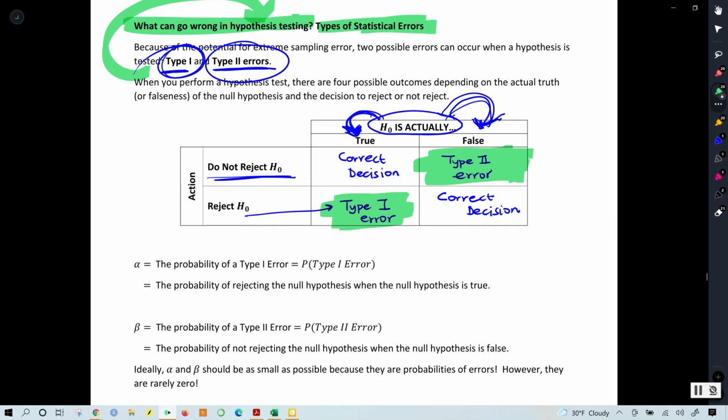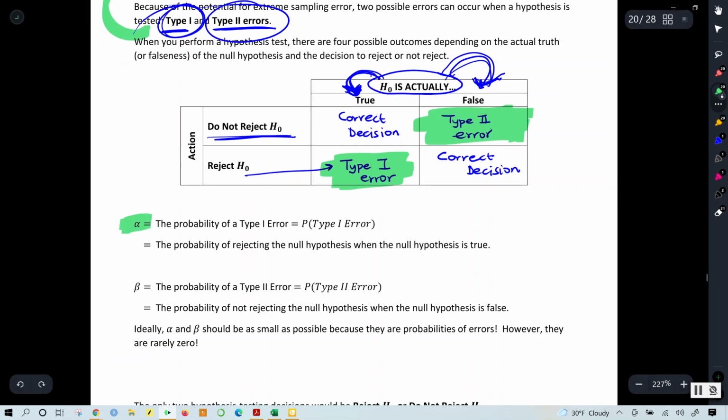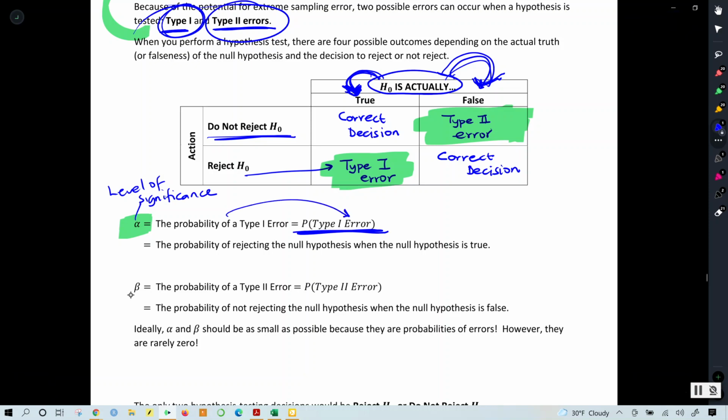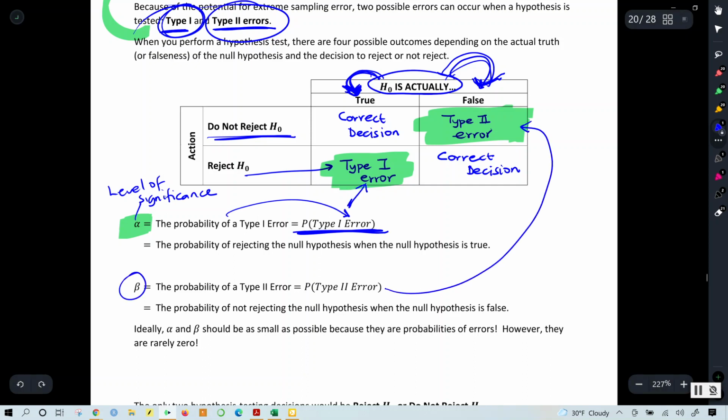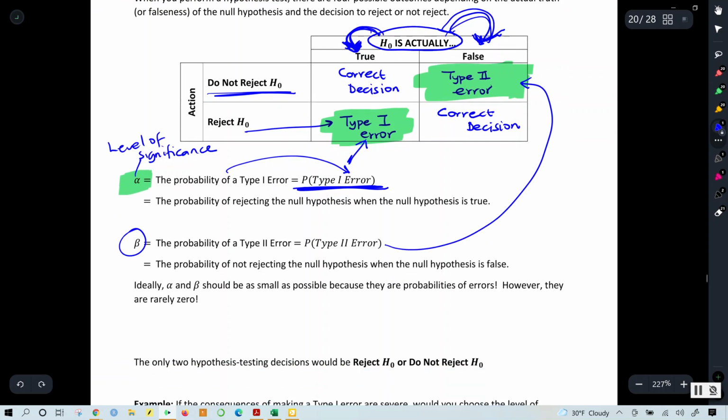How likely are they to occur? Alpha, which we've been using, has been called the level of significance of the test in earlier videos you have watched while carrying out hypothesis testing. This is always the probability of type 1 error. And just as you have the probability of type 1 error, we can also have the probability of committing type 2 error. The relationship between both of them is that none of them can be eliminated entirely.